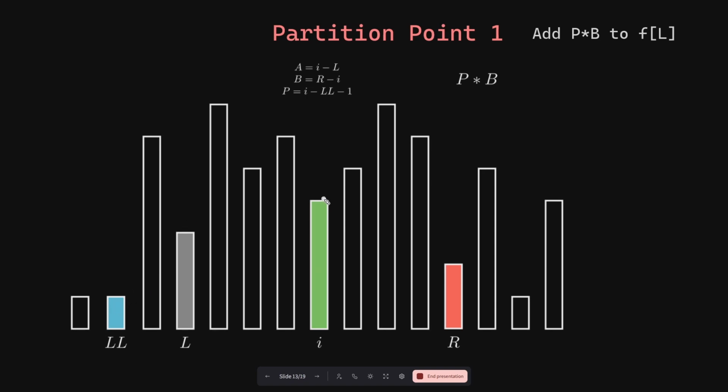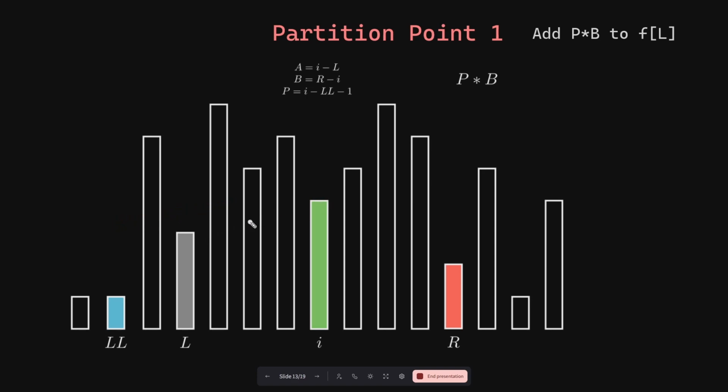To do that, you need to find out how many subarrays in which the green bar will now be the minimum. So on the right hand side, nothing changes. You will see that there are still B choices to select the right endpoint such that this element is the minimum. But on the left hand side, once the PSE is gone, once the previous smaller element is gone, a new opportunity opens up for it to extend as the minimum.